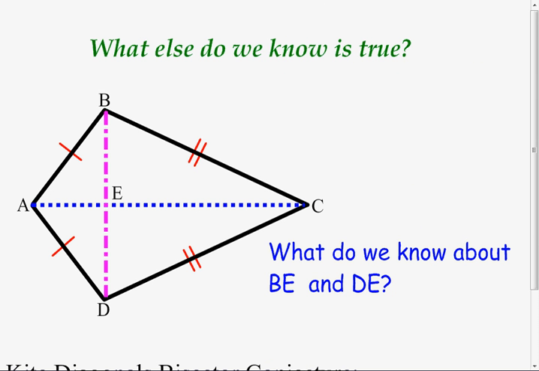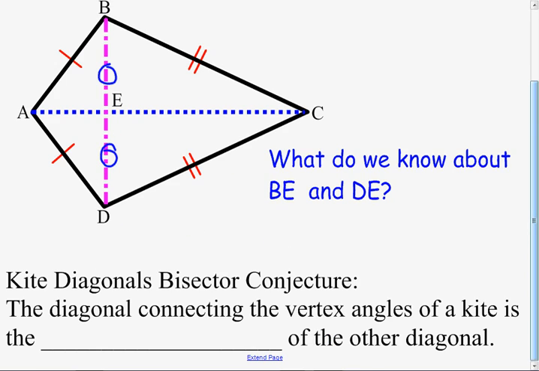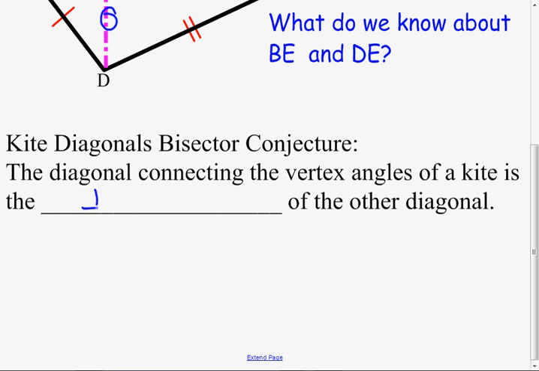What about BE and DE? I just talked about that. These are congruent. So that one diagonal is the perpendicular bisector of the other. The diagonal connecting the vertex angles is the perpendicular bisector of the other diagonal.